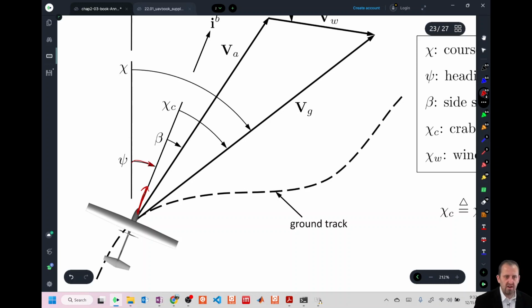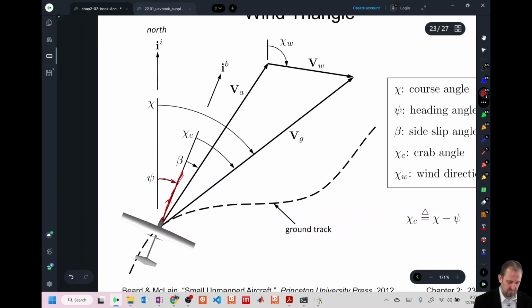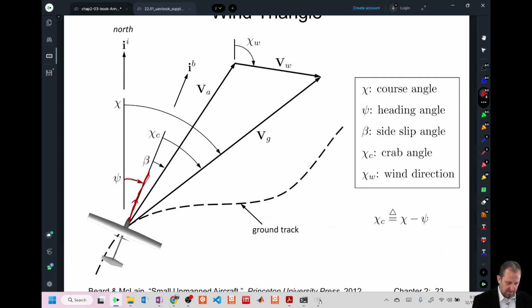So if we're looking flat down, top-down view, the aircraft is pointed and looking along this vector. And this vector right here, that I'm drawing in red, is just an angle of psi off of the north axis.